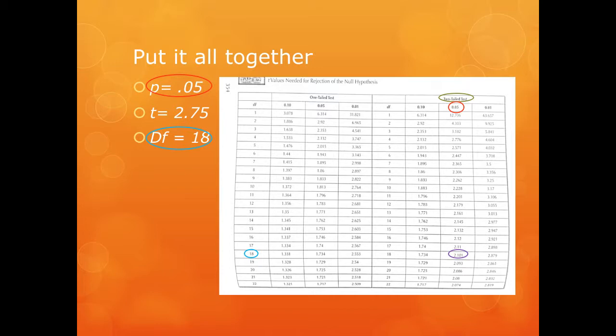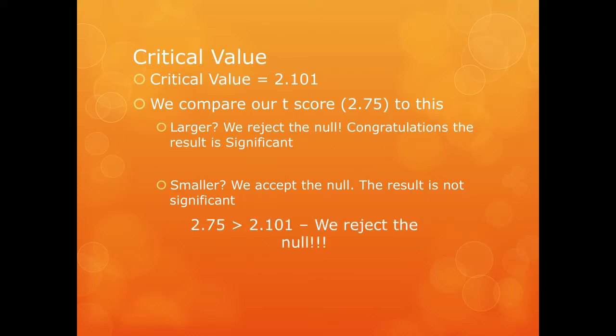For this particular test, our critical value is 2.101, and we're comparing that with our test statistic. Remember, our obtained value from the test was 2.75, which is a lot greater than our critical value of 2.101. So guess what? We reject the null. Yay! That means that there are differences between our groups.